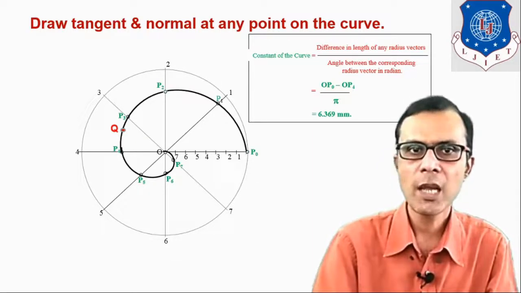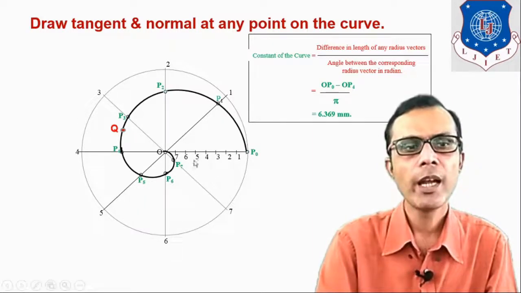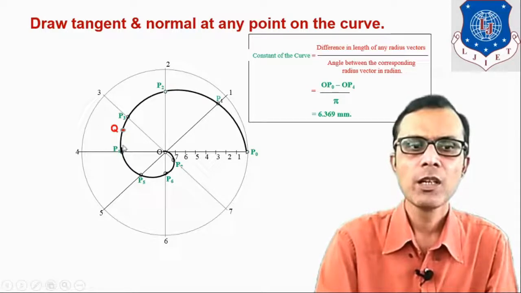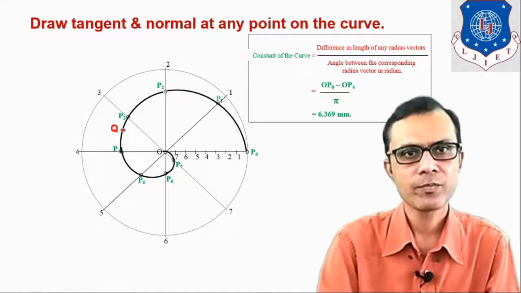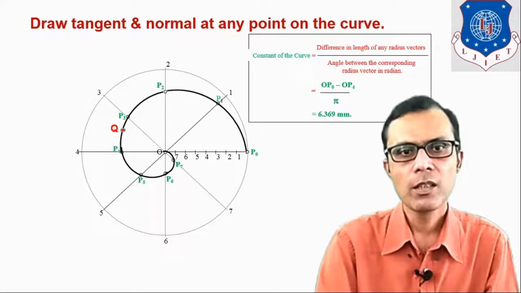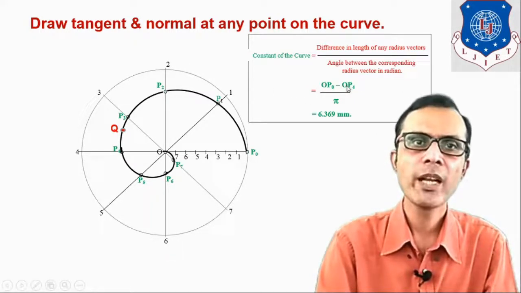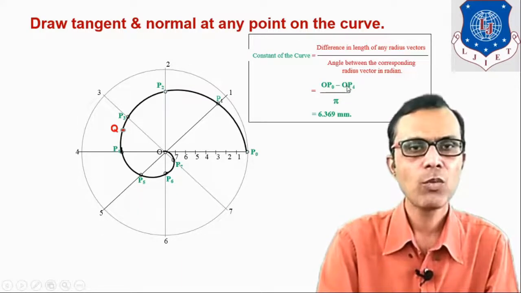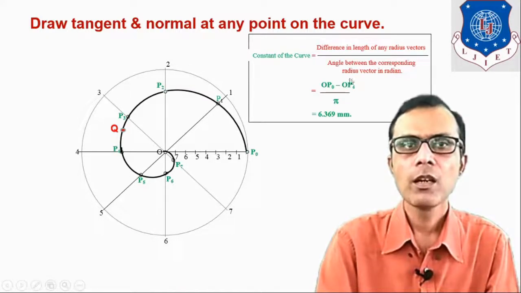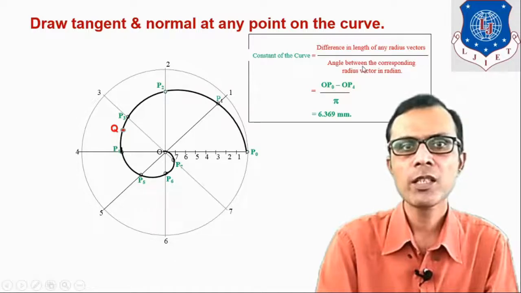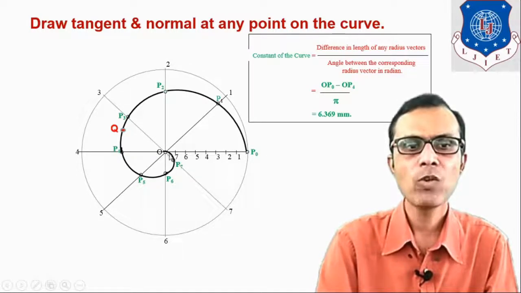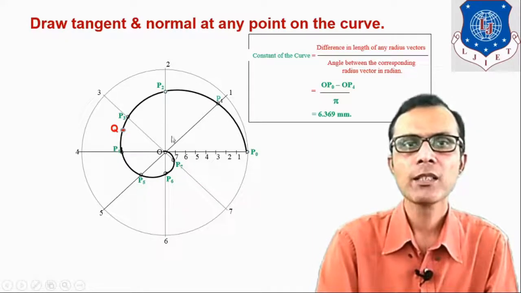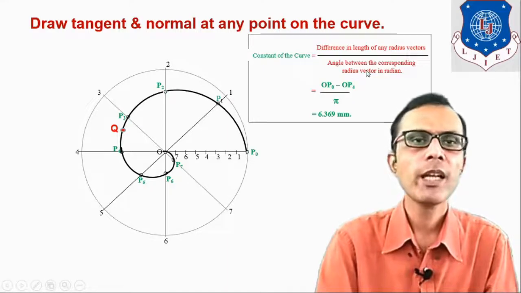Now we know the dimension of OP0, and the length of radius vector OP4 we can measure. So in this case we are considering OP0 minus OP4 for the two radius vectors. Now the angle between OP0 and OP4, you can see from the diagram, is pi, but we have to take this value in radians.